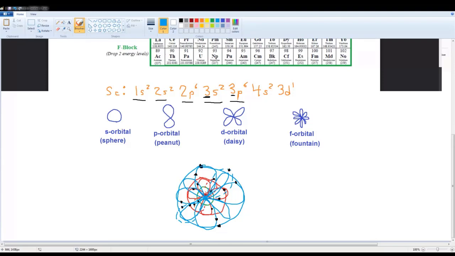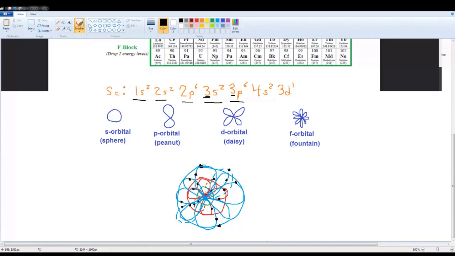So if you're looking at this complex pattern, there's a lot of traffic here. There's a lot of electrons all over the place here. It is not easy for the electron to dodge and weave so many other electrons being this close to the nucleus.